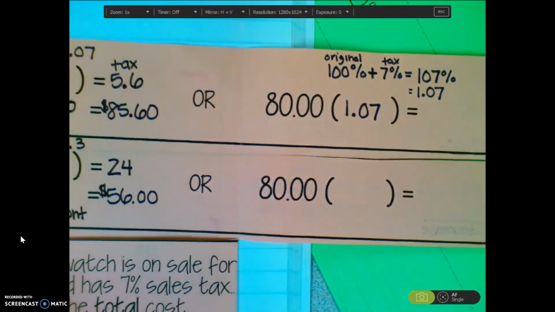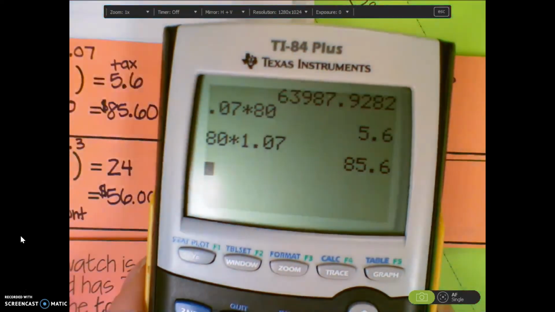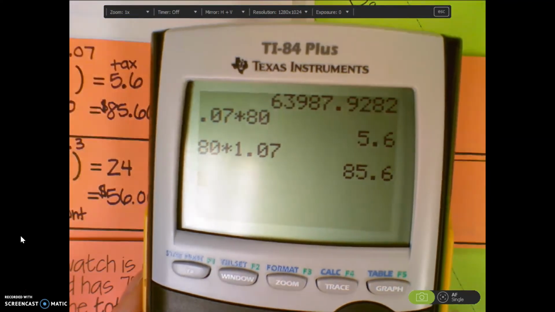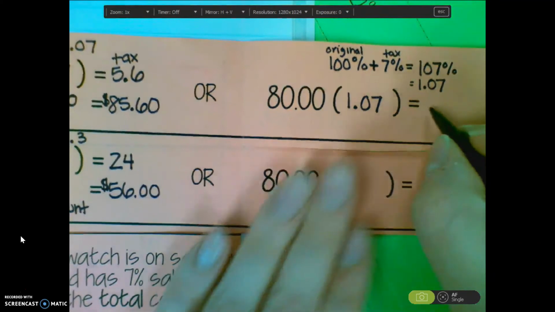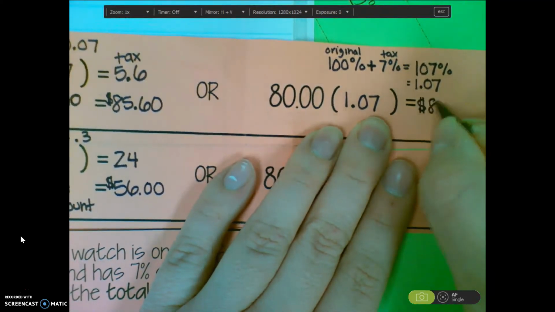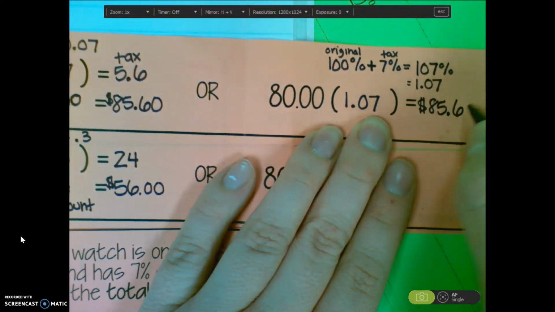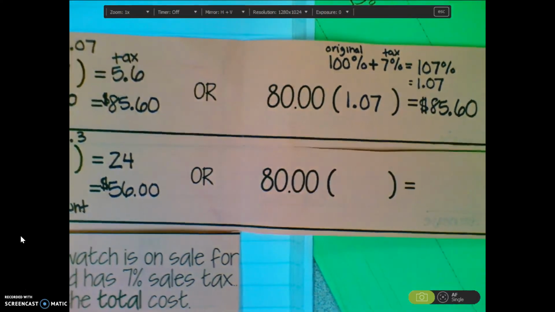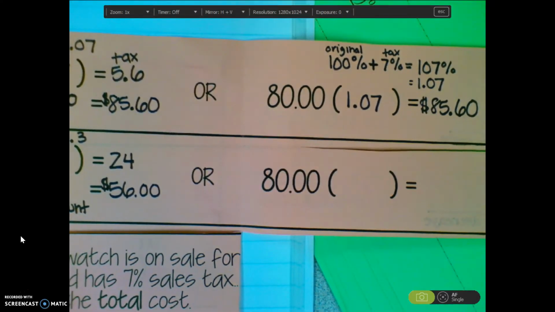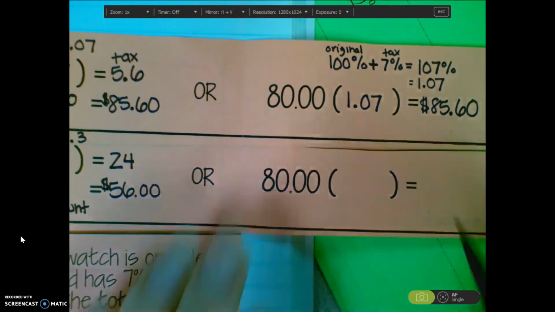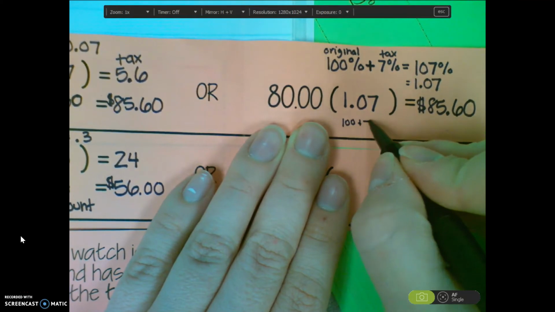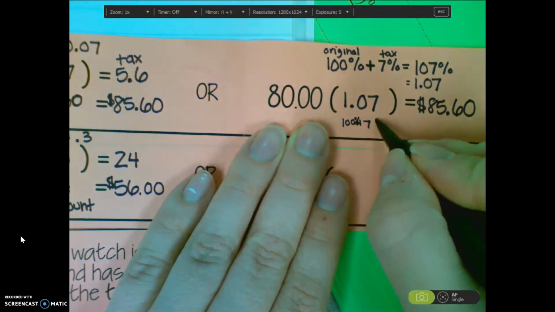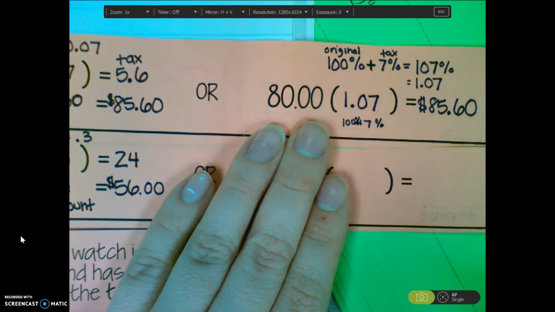What you'll notice, and I'm just going to show you the calculator so you can see it, is when I do 80 times 1.07, I get 85.60 again. You want to do your context and make sure you have your units. This is $85.60. It's the exact same process. It's just, instead, I did it in one step. Why does 1.07 work? Because it's saying you did 100% plus 7%. You added on a 7% tax.